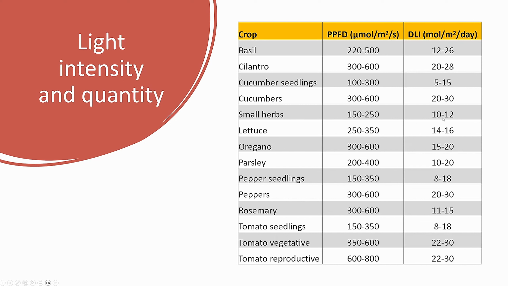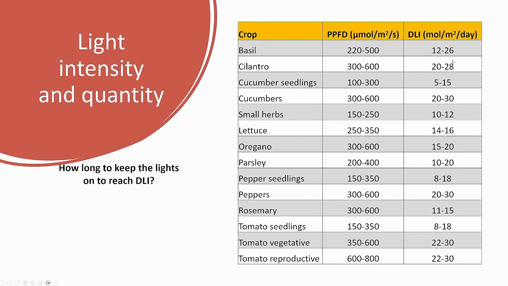And second, what's the maximum amount of light that a plant needs to perform or to grow per day? That's the DLI, that's the far right column here. Those are recommendations. So let's say, for example, lettuce here, you want to be between 14 and 16 moles per square meter per day. We have PPFD, we have DLI.